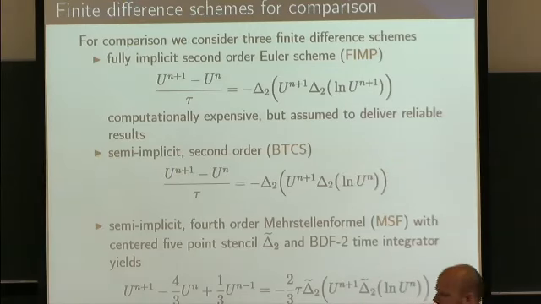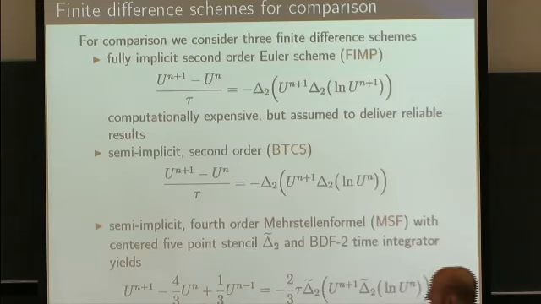Then we have to do a Newton iteration in every time step. The idea would maybe be to use a semi-implicit second order scheme where you evaluate the nonlinearity at the old time step. Then you have only to solve a linear system in every time step.